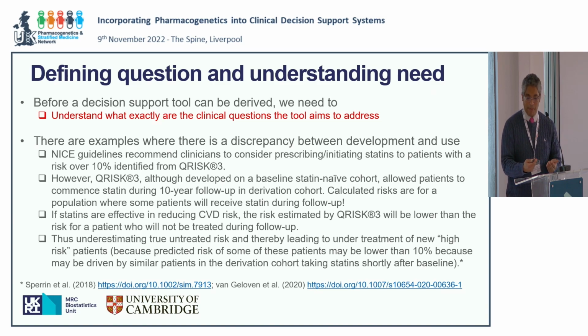And this is because the predicted risk of some of these patients may be lower than 10% when actually it is above 10%. Because, for example, similar patients in the derivation cohort may have received statins really early on, which had reduced their risk of having the CVD event. So we need to be aware of how the model was developed and whether it aligns with the purpose it is intended to be used for.